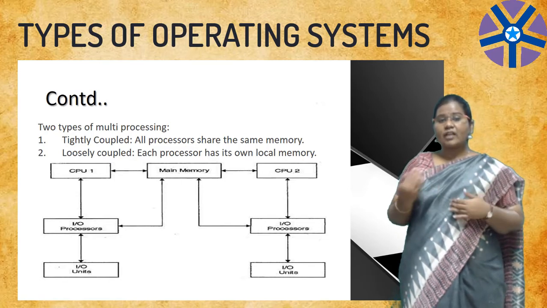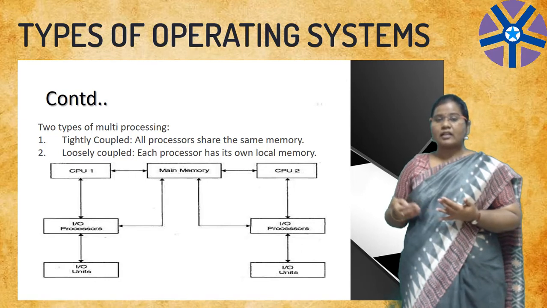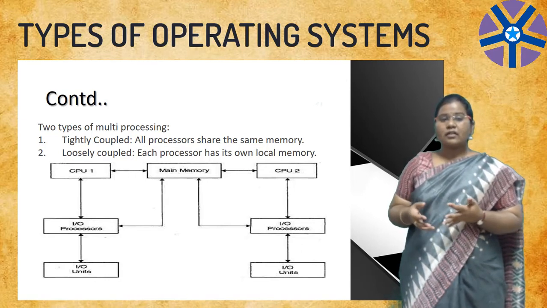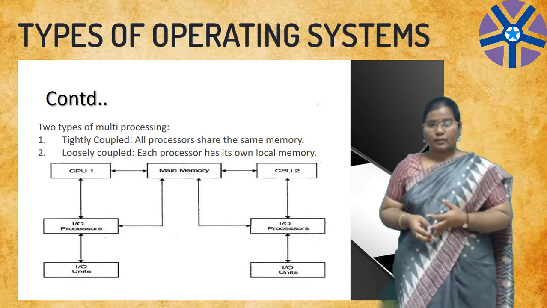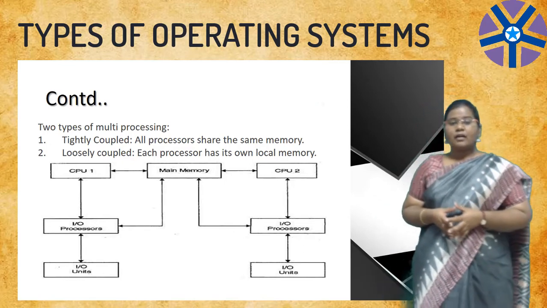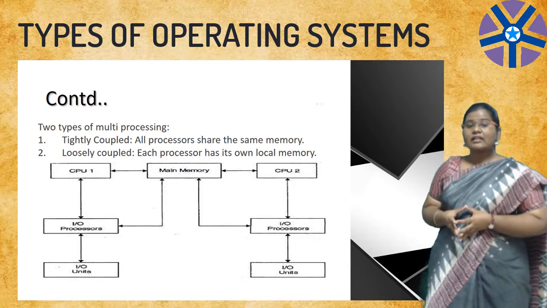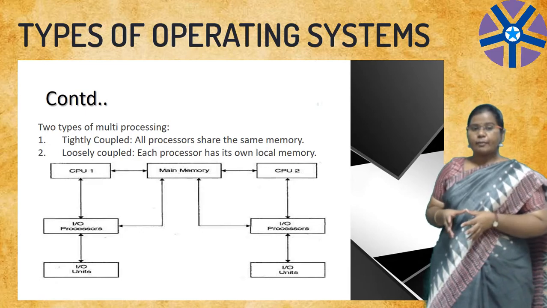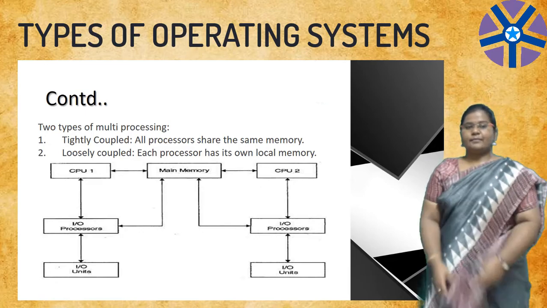Whereas if they have their own memory, that is, within the processor there are a number of registers and cache memories, then that type of processing is called loosely coupled multiprocessing. If you observe the diagram, what type of coupling is it? It is tightly coupled because both the I/O processors are sharing the same main memory.